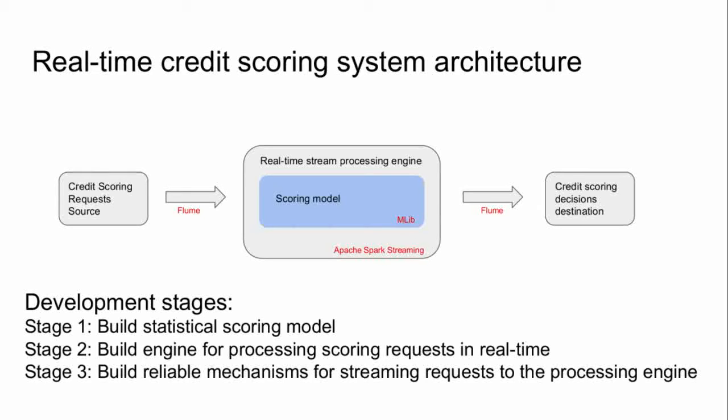The next stage in our project involves embedding the model in a Spark application that will ingest a real-time stream of credit scoring requests and then classify them into positive or negative cases. For this purpose, we used the Apache Spark Streaming component and coded our application's logic in the following way.